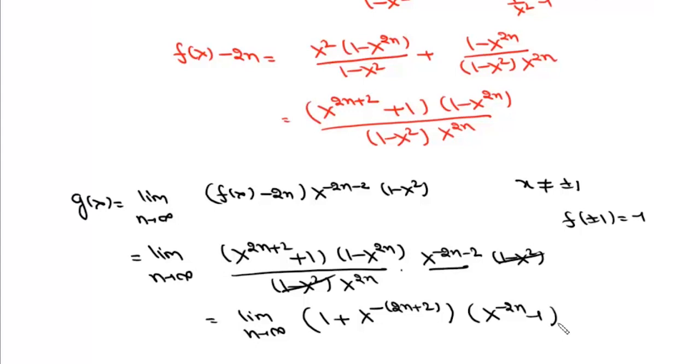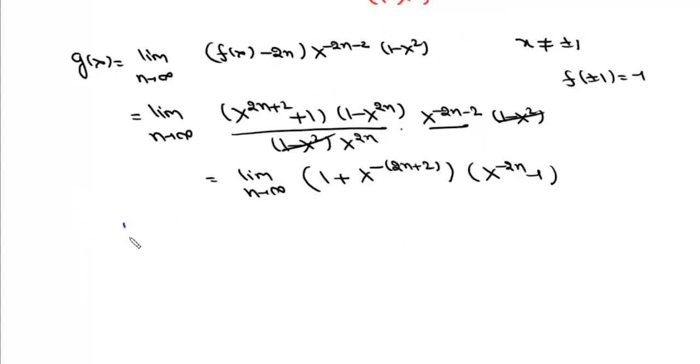Now we have to show that this g(x) is continuous for all x in its domain. In this region, when mod of x is less than 1, then in that case x to the power minus infinity will be infinite. In that case this g(x) is not defined. So g(x) is not defined when mod x is less than 1.